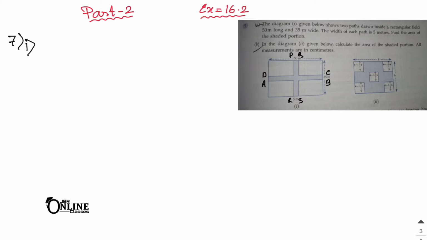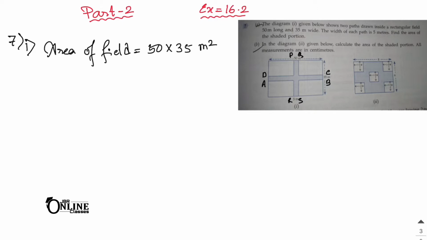You know that length is 50 and breadth is 35. So here area of field equals 50 into 35 meter square. Okay, that is the total area.